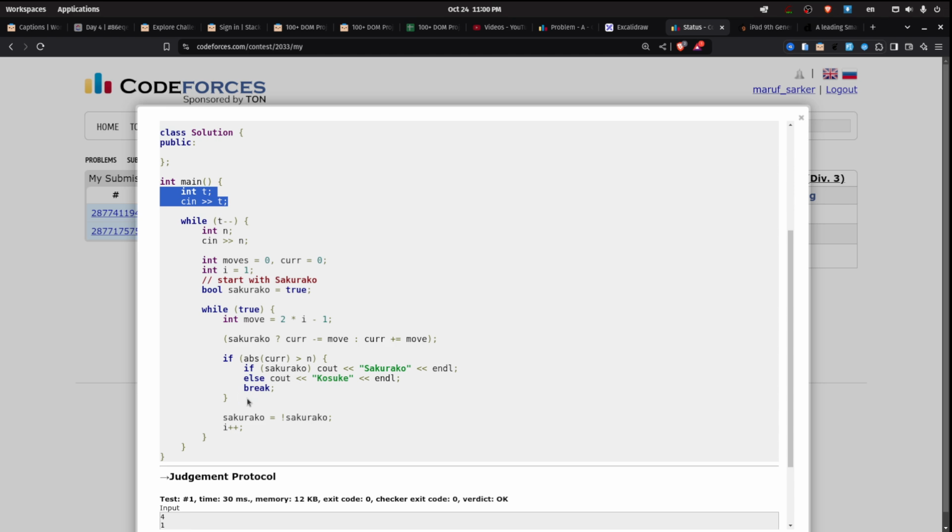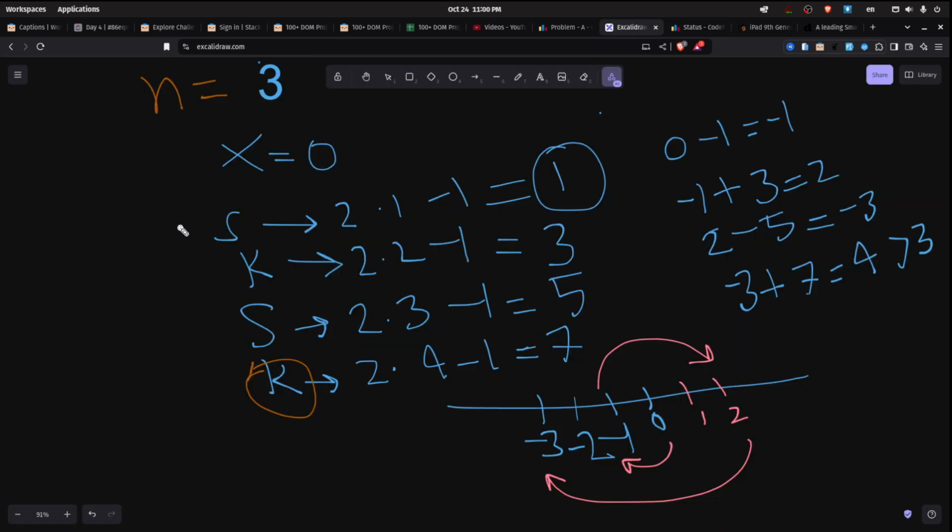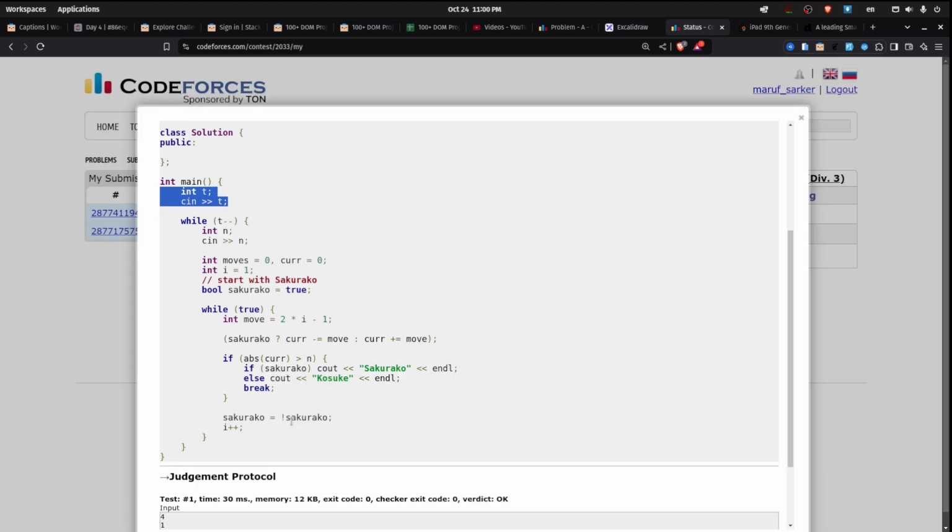And what I have to do every time is swap the turn, because at first Sakurako will play, after that Kosuke will play. Again Sakurako will play, after that Kosuke will play. That's why I just swap by giving a not operator here. Basically it will swap true to false and false to true, and I just increase the iterator. Okay, and it starts from 1.